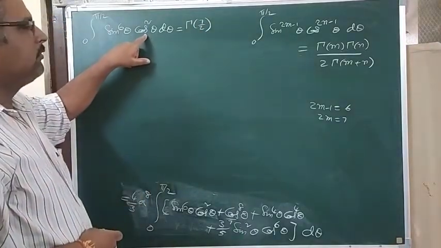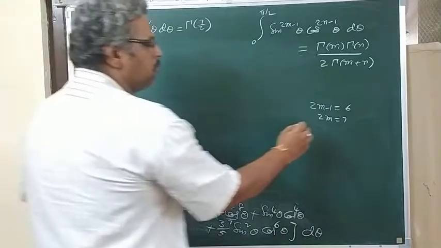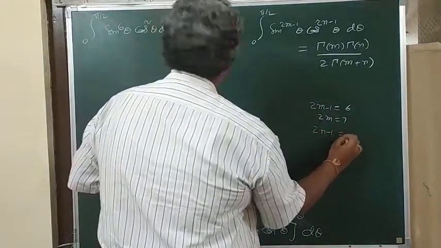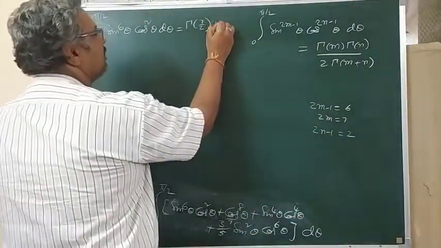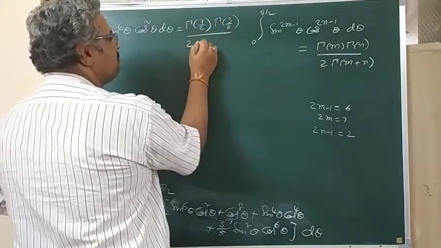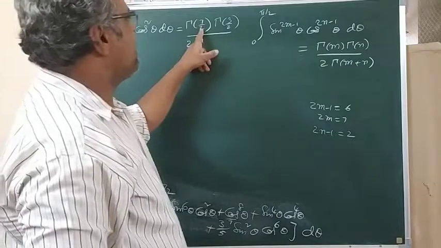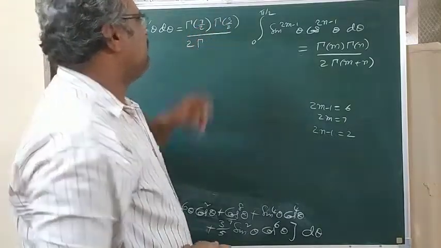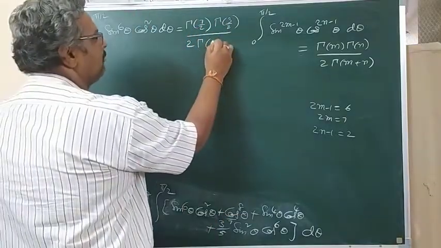And also 2n minus 1 equals 2, so gamma 3 by 2, divided by 2 times gamma of m plus n, that is 10 by 2, gamma 5.